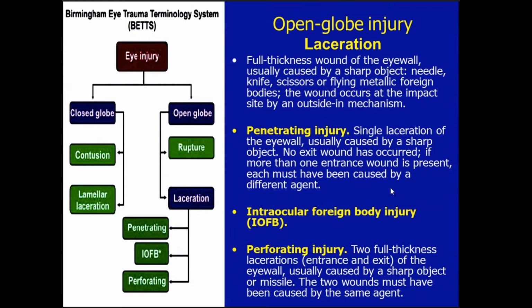So just one wound. When we find an intraocular foreign body, it's of course an open globe injury. And perforating injury is when we see two full thickness lacerations, entrance and exit.